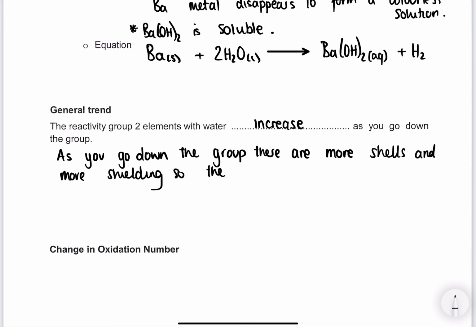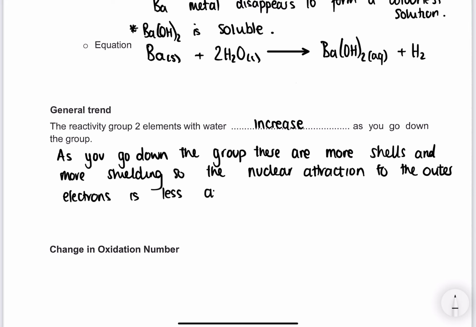So the nuclear attraction to the outer electrons is less, and the outer shell electrons are more easily lost.